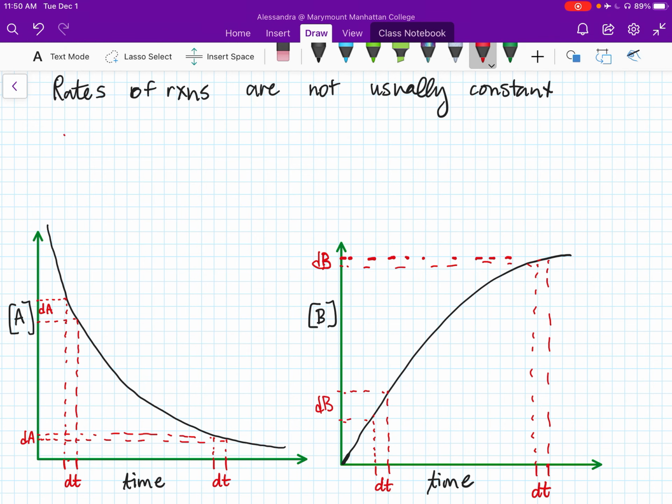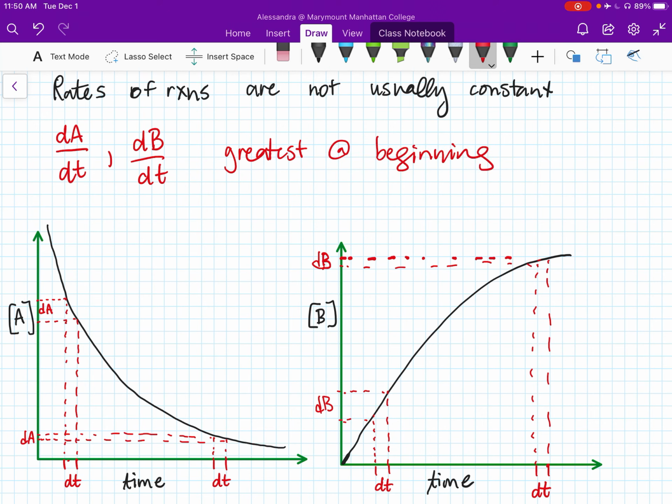So this is showing that the rate of the reaction, whether we're considering it from the point of view of the reactant or the product, is going to be greatest at the beginning of the reaction. And I hope that makes sense, right?